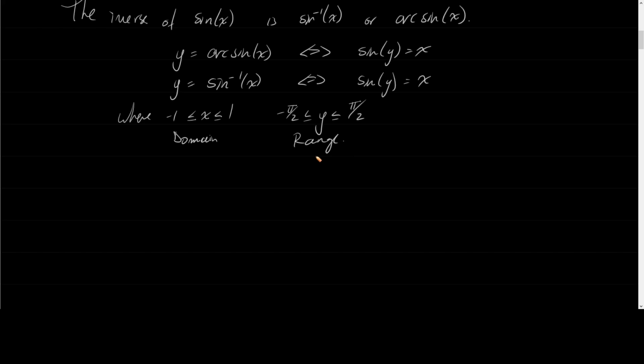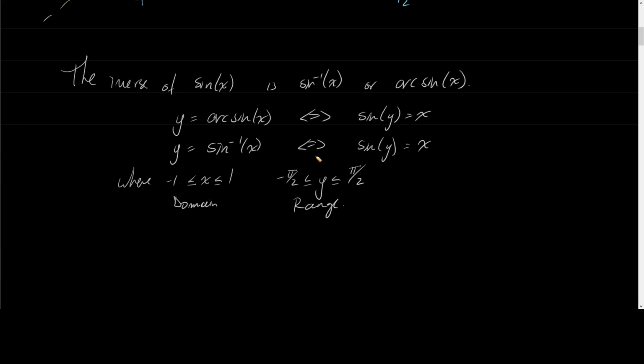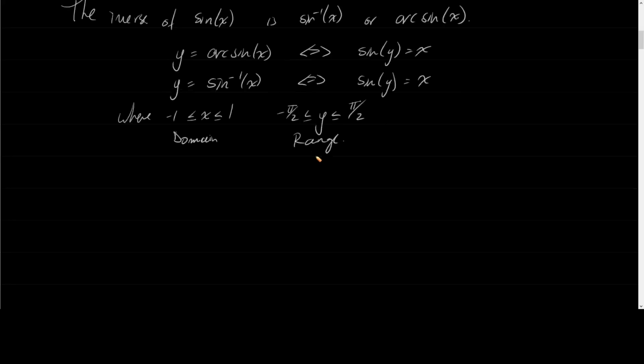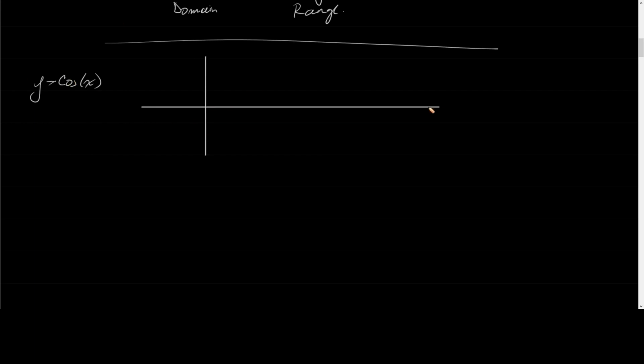Now, that's for sine. Let's repeat the same exact stuff, but for cosine. So first, let's look at y equals cosine of x. And y equals cosine of x looks as follows, right? It is a wave that starts at 1, and it repeats forever and ever, right?